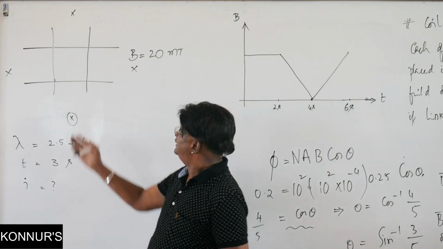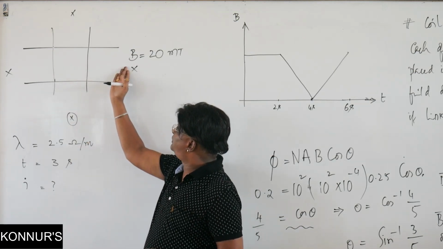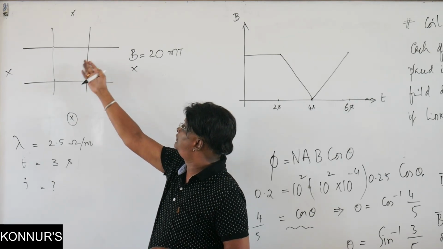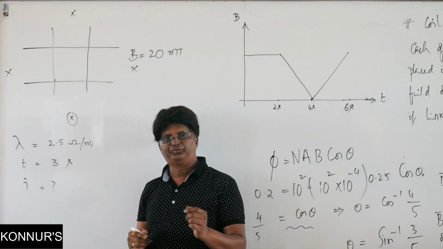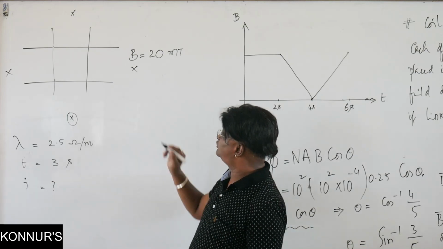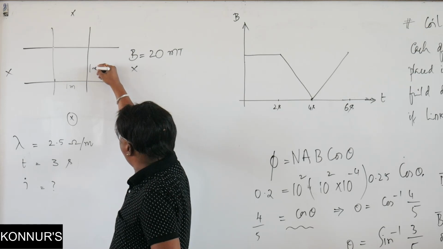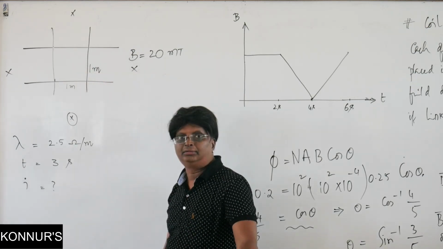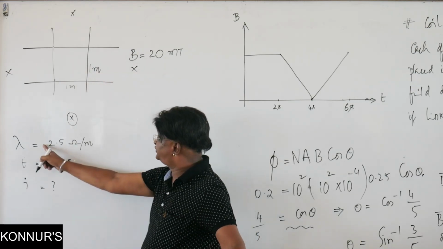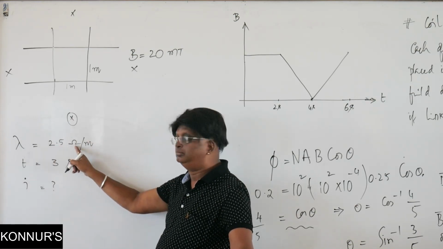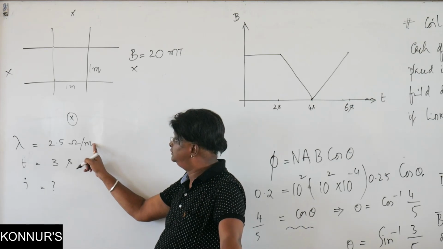It says that this magnetic field is perpendicular to the plane of this so-called square which is formed by the combination of 4 wires. Now the question is, initially this is a square of side 1 meter, and the resistance of the wires is given in the data as 2.5 ohm per meter.